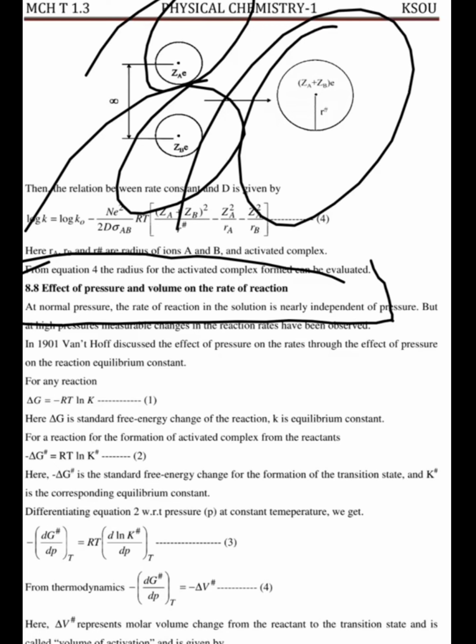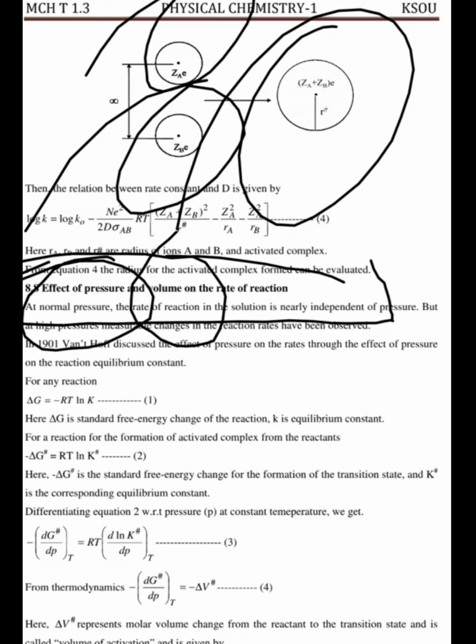Whatever energy comes in or goes out of the system can be calculated. So we are going to bring that into chemical kinetics, because by varying the pressure and volume we can study the rate of the reaction. The rate of reaction is mainly the subject of chemical kinetics.